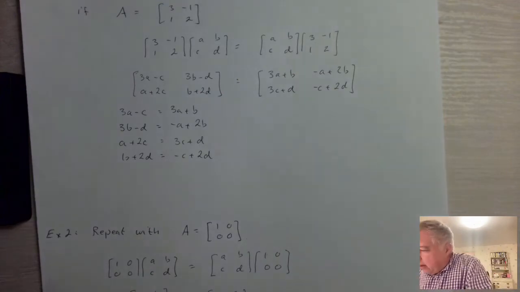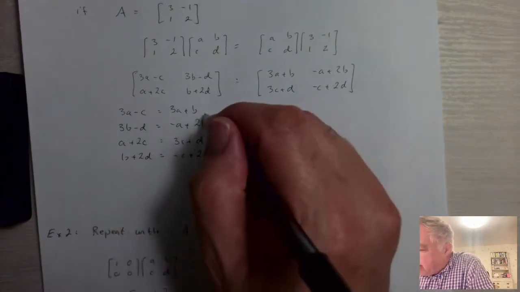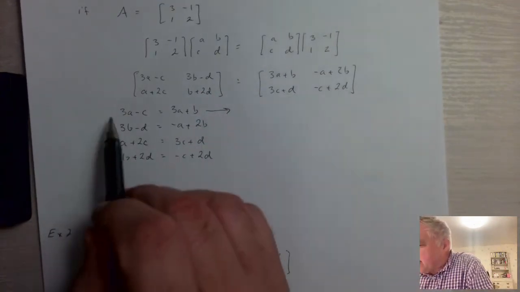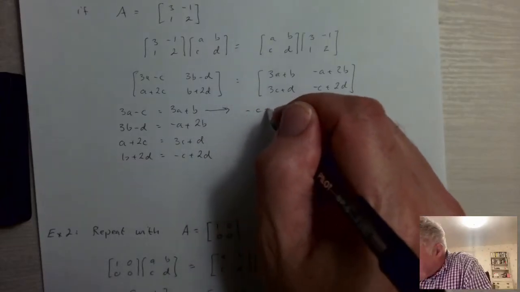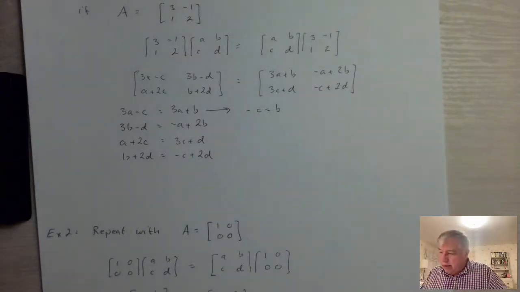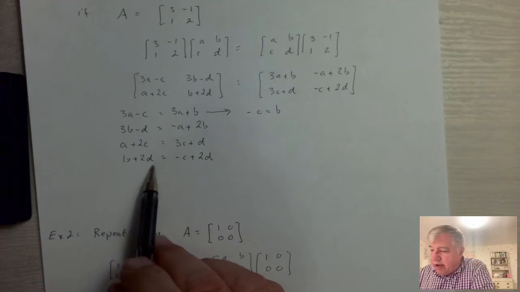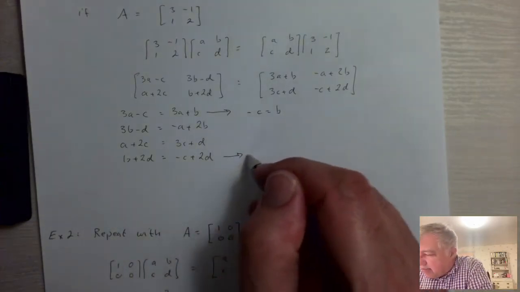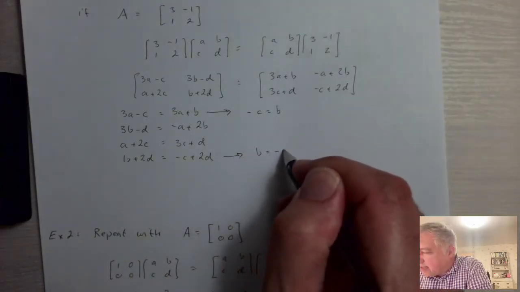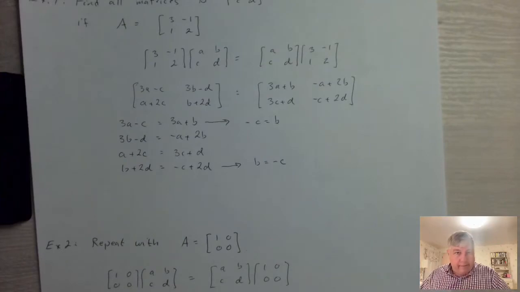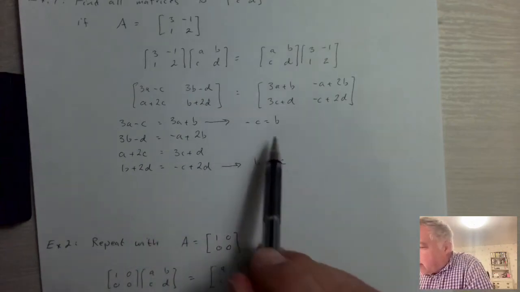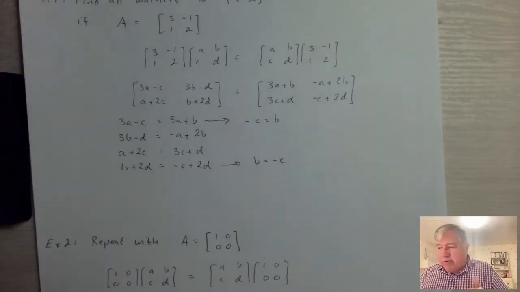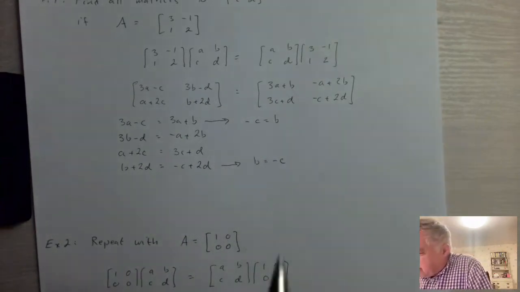Okay, and we can see, I hope, that from this first equation, the 3A's cancel, and we get minus C equals B. And in fact, down here, the 2D's cancel, and we basically get the same thing, B equals minus C. So whatever C and B are, they have to be opposites of each other.